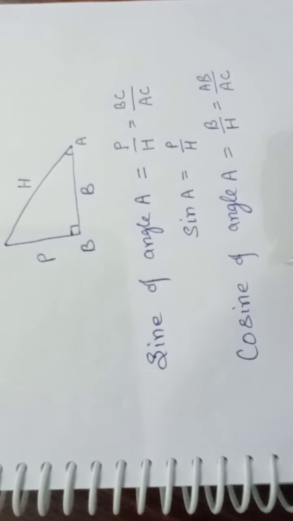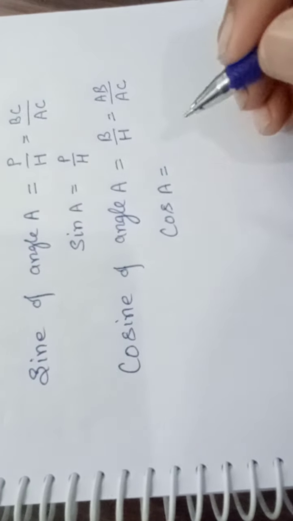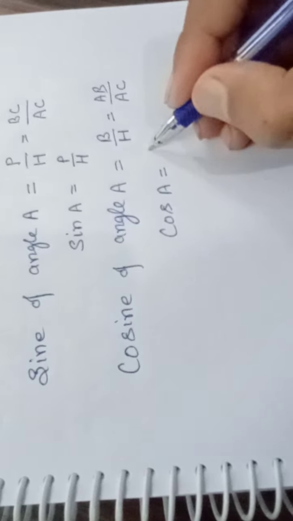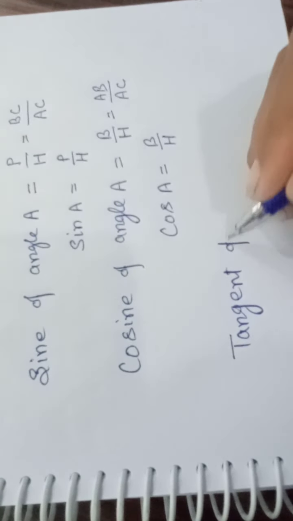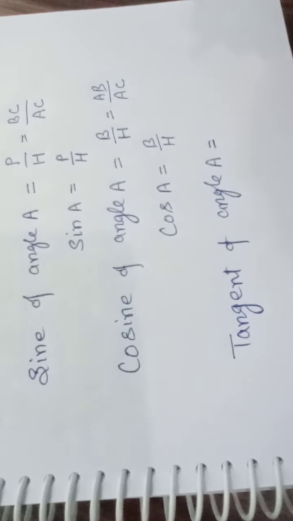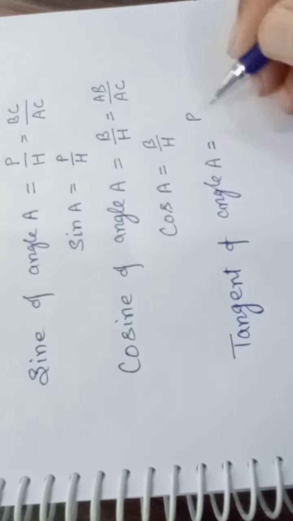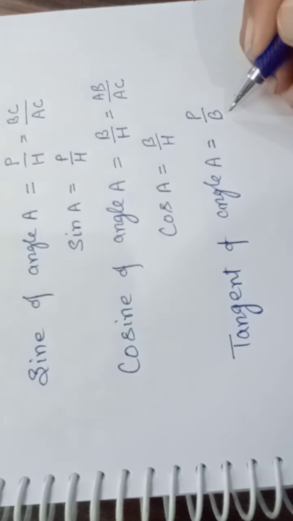And its acronym, cosine का acronym क्या है? cos A. cos A का full नाम cosine of angle A, it is B by H, right? Then third ratio, its name is tangent of angle A, and it is what? अब देखिए हम P by H I have taken, B by H I have taken, then it is P by B, the ratio of perpendicular to base in a right angle triangle.